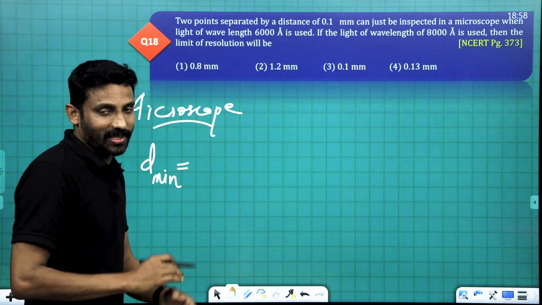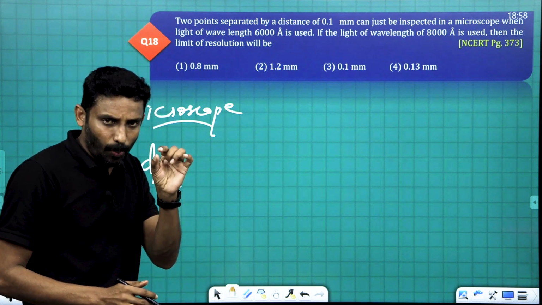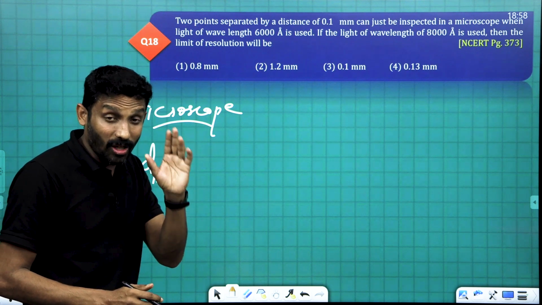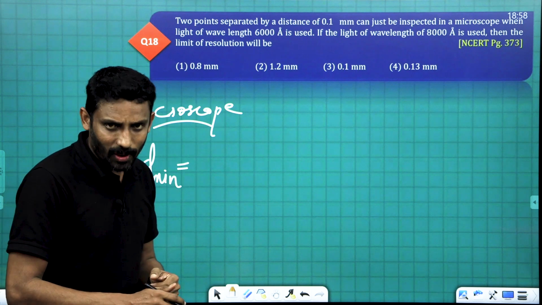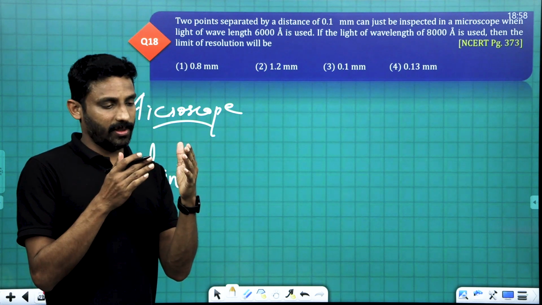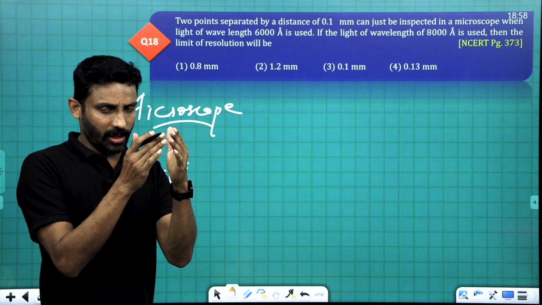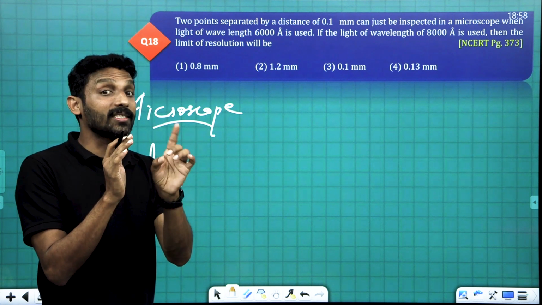D minimum is the limit of resolution, the minimum distance between two points below which the microscope cannot resolve them. Here is a point, here is another point, we can easily resolve. When the points get closer, after a particular distance we feel them as a single one.